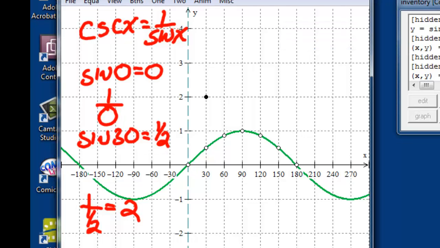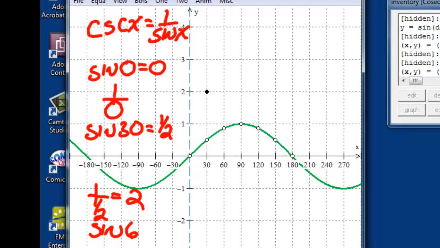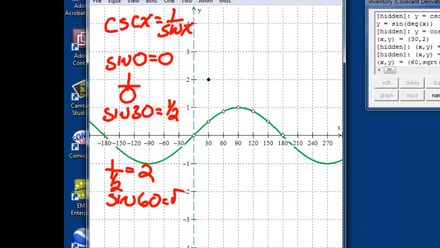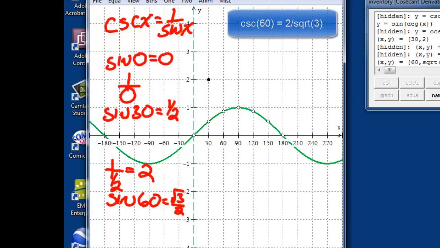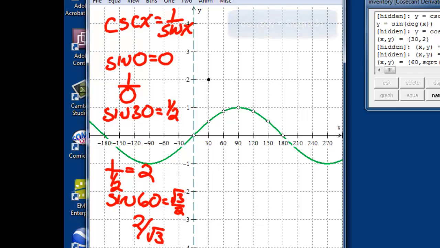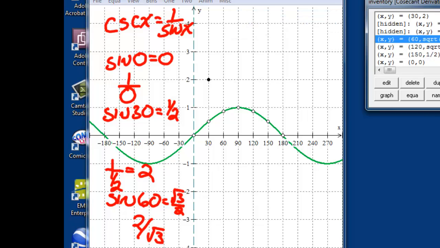At 60 degrees, the sine is equal to the square root of 3 over 2. So its reciprocal would be 2 over the square root of 3. I need a point at 60, 2 over the square root of 3.